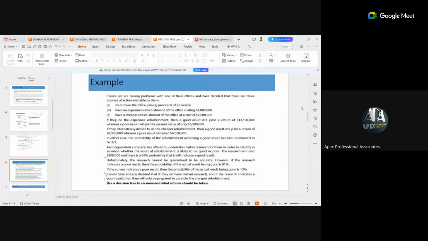Now, when we go further, in either case, the probability of the refurbishment achieving good results has been estimated to be 2/3. It means where you are seeing good on the chance node, the associated probability will be what? 2/3.